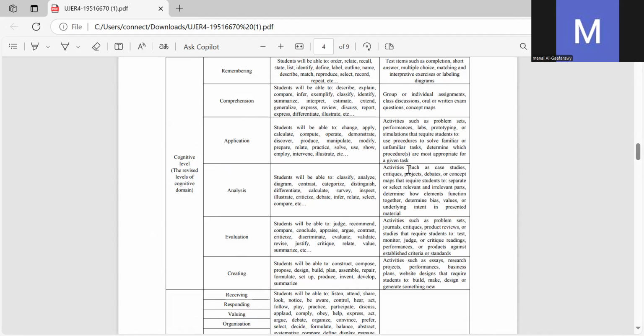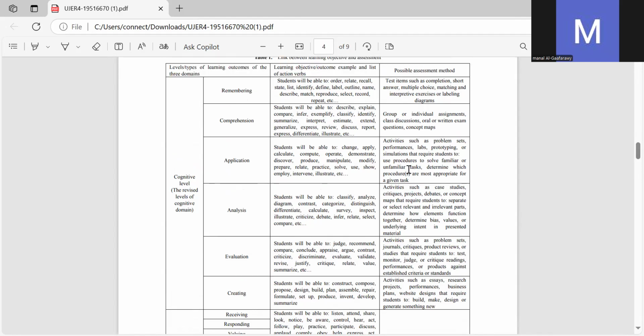So consider with me this page, where the author of the paper combines all the action verbs related to all three domains.